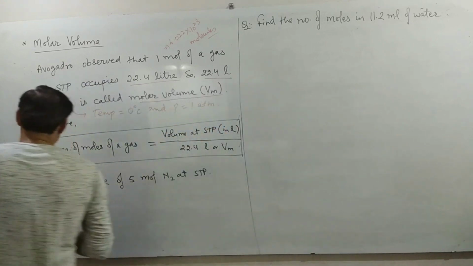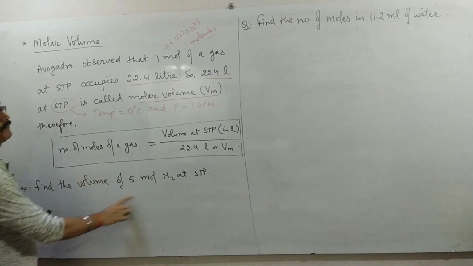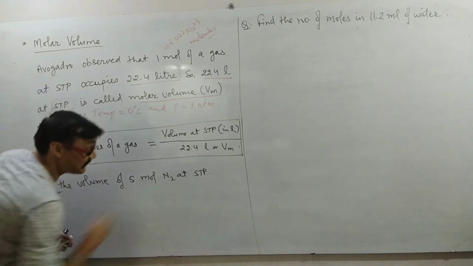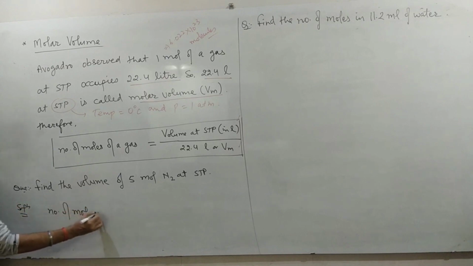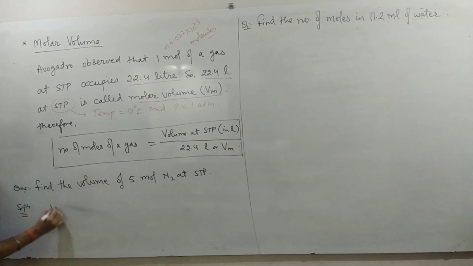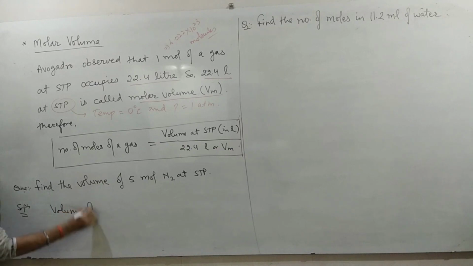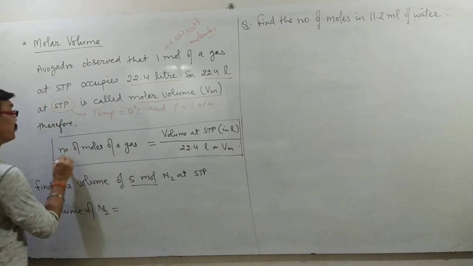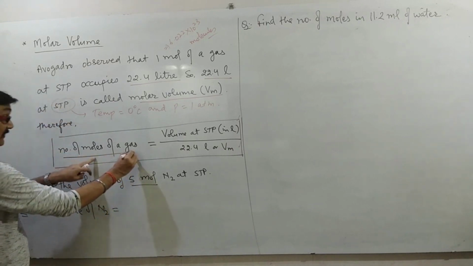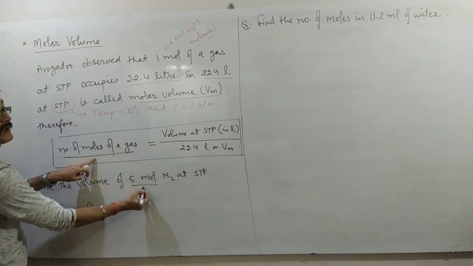Now we take a question. Find the volume of 5 mole nitrogen at STP. So guys, here we have to find volume of gas from moles. The number of moles is given, 5 moles.